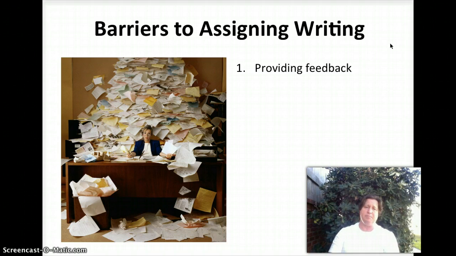There's no way she can possibly correct all of them, and that's the most frequent criticism you hear from students, is that they write the paper and then they don't get it back for 3 or 4 weeks, and they've totally forgotten about the process that was involved in doing the writing. They're very seldom asked to revise the paper, so providing feedback is a big barrier. Timely and quality feedback you can add as caveats.